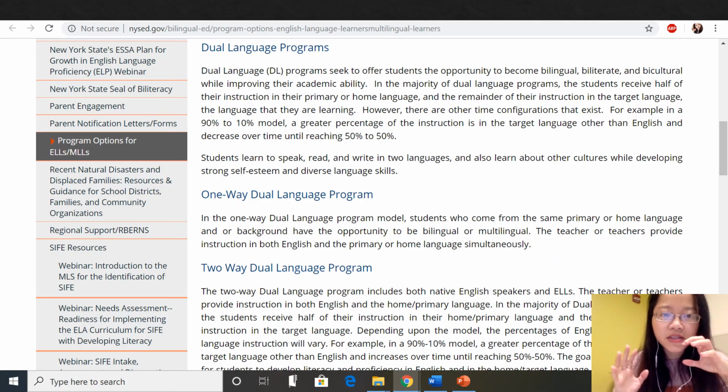Okay, I just summarized the strong forms of bilingual education, and you can see that New York State also has detailed guidelines, and these dual language programs are offered in some districts. You can learn more about it on the New York State Education website.